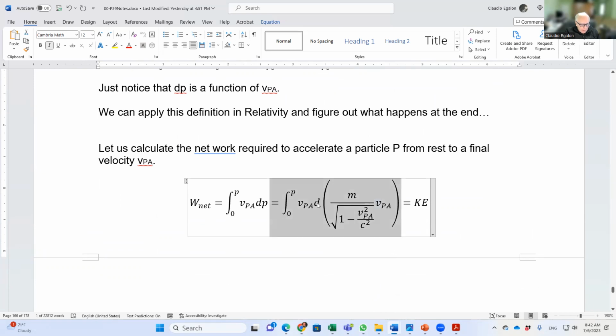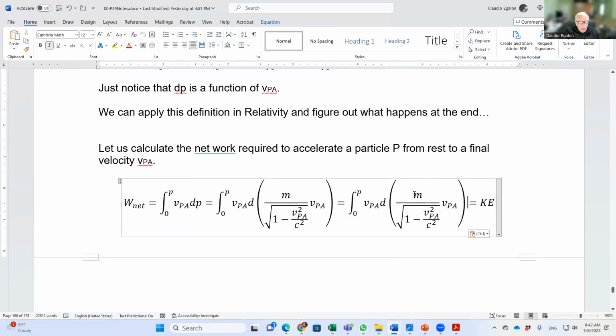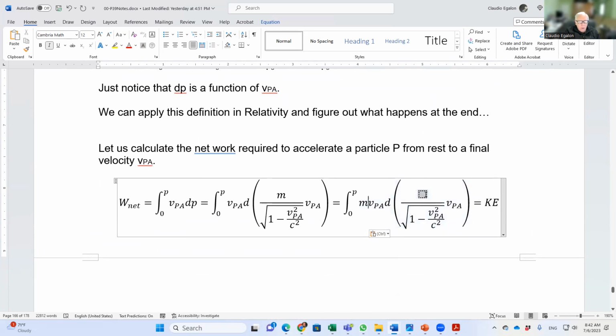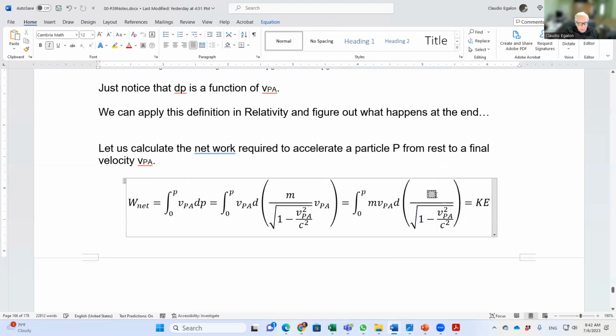And we can take the mass out of this differential. I'm going to place v_PA right in here. And by the way, this integral is not that difficult to calculate, not just the integral, but also first the differential, right?